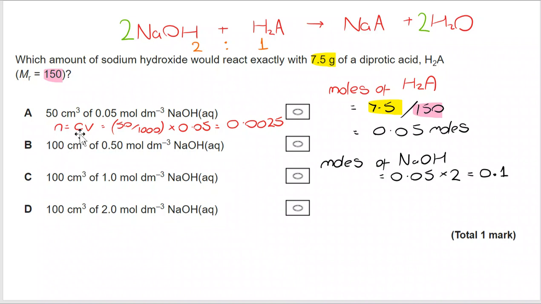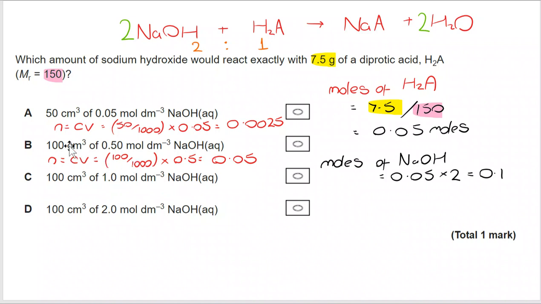And if we know that, we can then start to work through these calculations. In the first instance, if I've got my number of moles calculated as concentration multiplied by volume, in A, that would give me 0.0025 moles of NaOH. Well, that's not correct. It's 0.1. On the second example, I've got my concentration is 0.5 and my volume is 0.1.